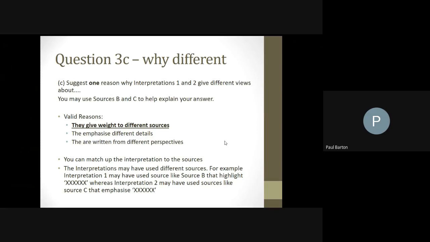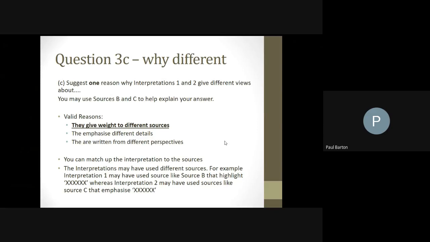And you need to just explain what the main views are. If you remember how to approach this, it would apply to most questions that we've seen, so you're likely to be able to use this approach in your real exam. It's one you can roll out in any of these questions. So it's remembering to match up the interpretation to the source, but also explain what they highlight.